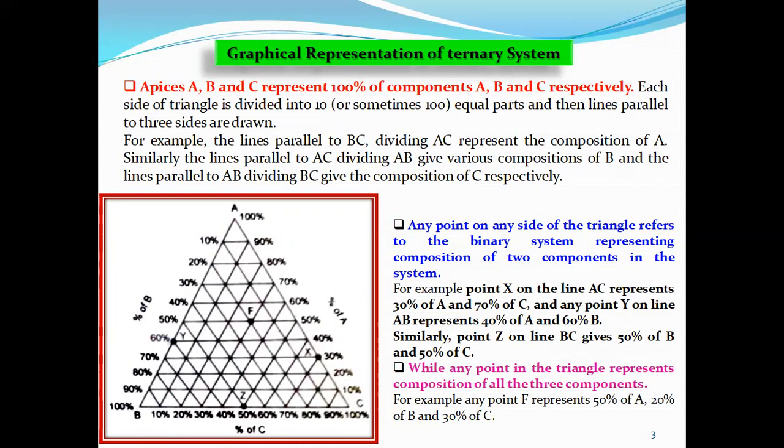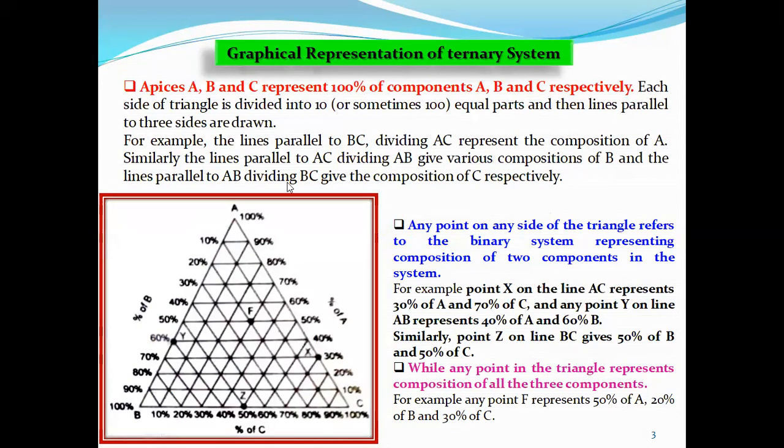But here, as temperature and pressure are kept constant, we only deal with composition of the respective components, and that's why, as three components are present, a triangular phase diagram will be the best solution for the representation of such a ternary system.